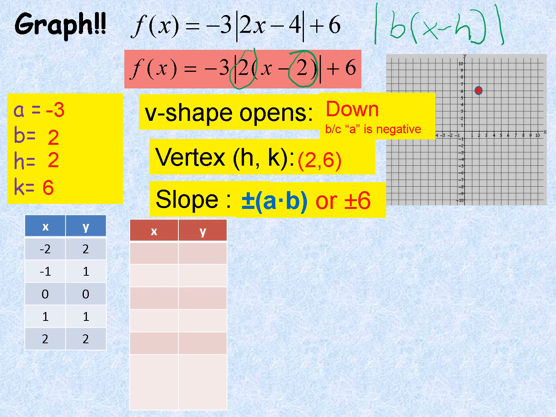So B and H, they're inside the absolute value bars, so that means it's opposite day, but that also means it affects only the x's. So, even though it says multiply by 2, opposite day says divide. So that means I'm going to divide by 2. And instead of minusing 2, I'm really going to add 2. Okay? But what do I do first? Do I multiply and then add, or add then multiply? PEMDAS says you multiply first.